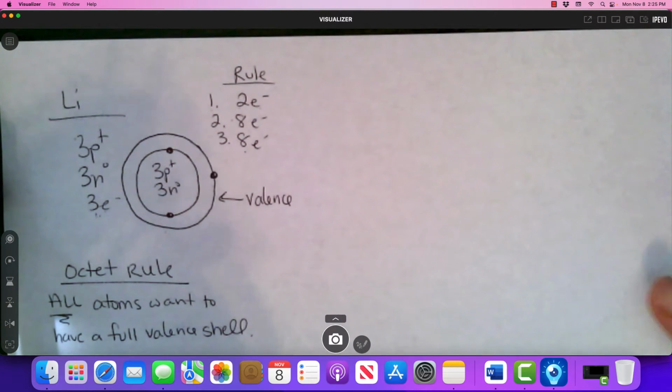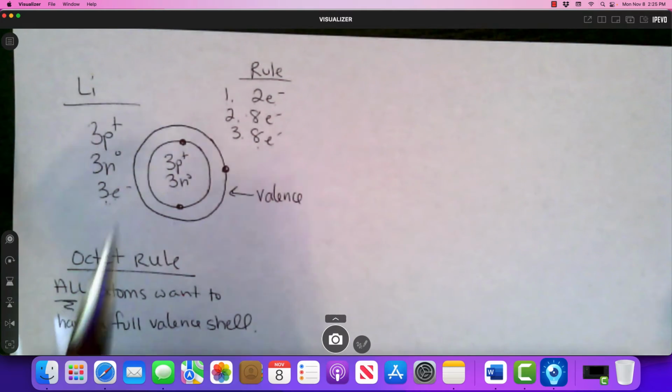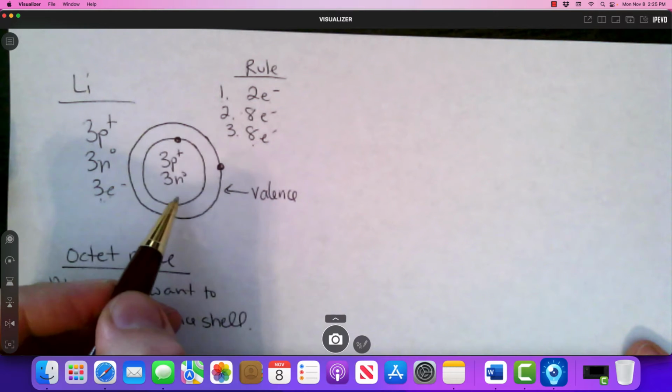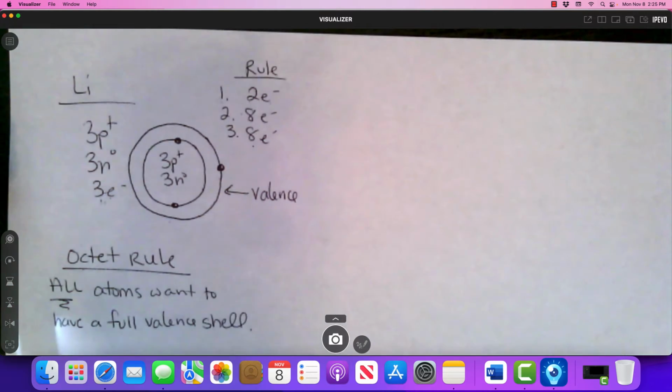All right, so what's going to happen is whenever an element or atom doesn't have a full valence shell, it's going to undergo the process of bonding.